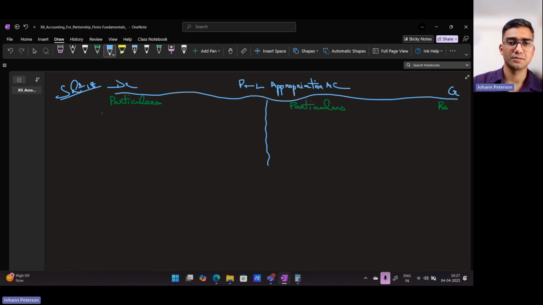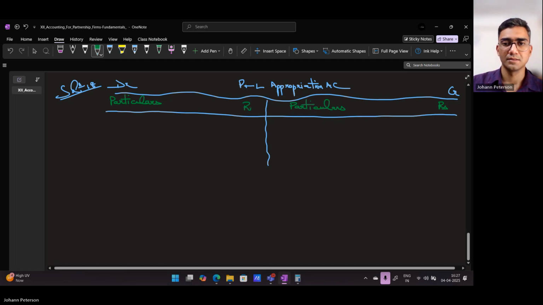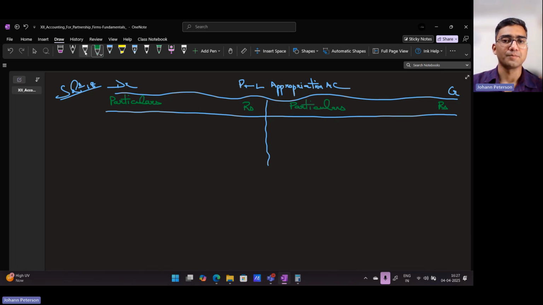Now, on the credit side, the first item which we will write will be by profit and loss account.